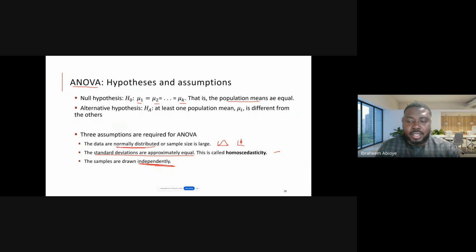And then the second assumption is that the deviations are approximately equal. So you will calculate the standard deviations for each group. But the third assumption is the most important, and that is that the samples are drawn independently. Can anybody tell us what this means? Anyone wants to try?